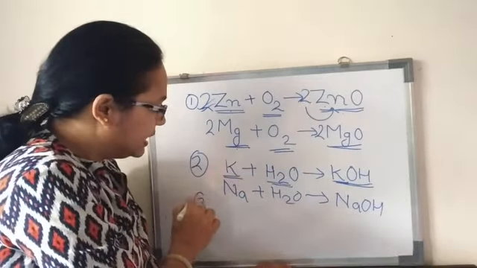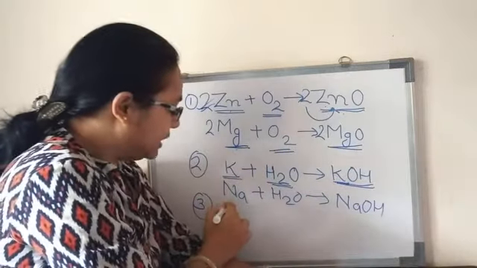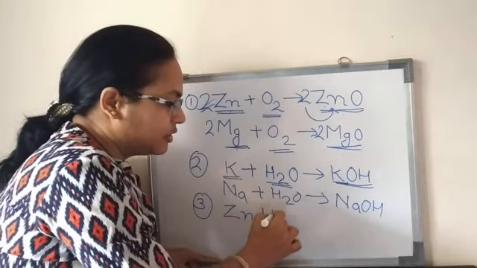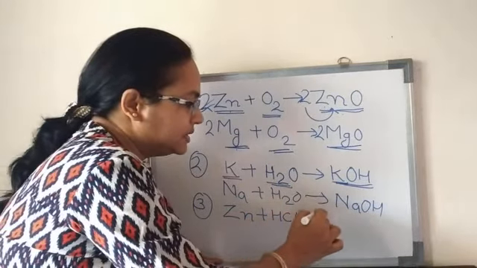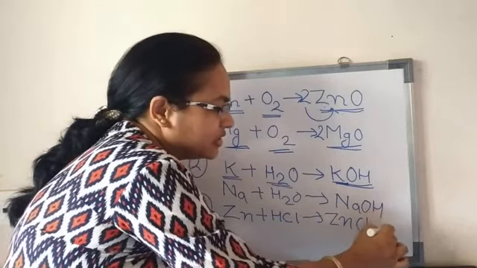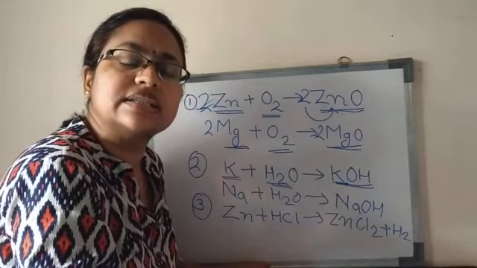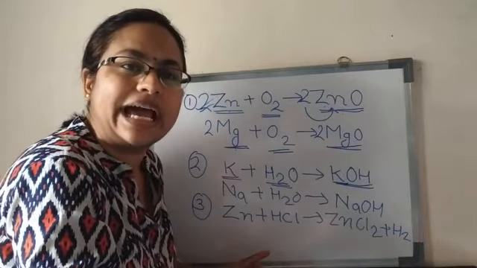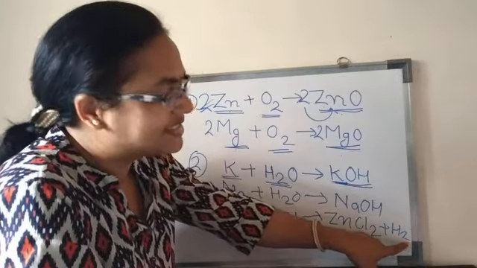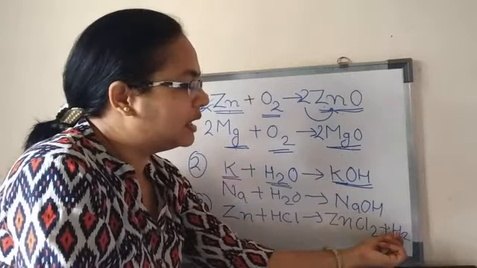Third one is reaction of metal with the acid. Here I would like to give you the example of zinc plus hydrochloric acid. It forms zinc chloride, and in the reaction hydrogen gas is liberated. As we have discussed earlier also, hydrogen gas is the gas whose presence you can identify by a pop sound.